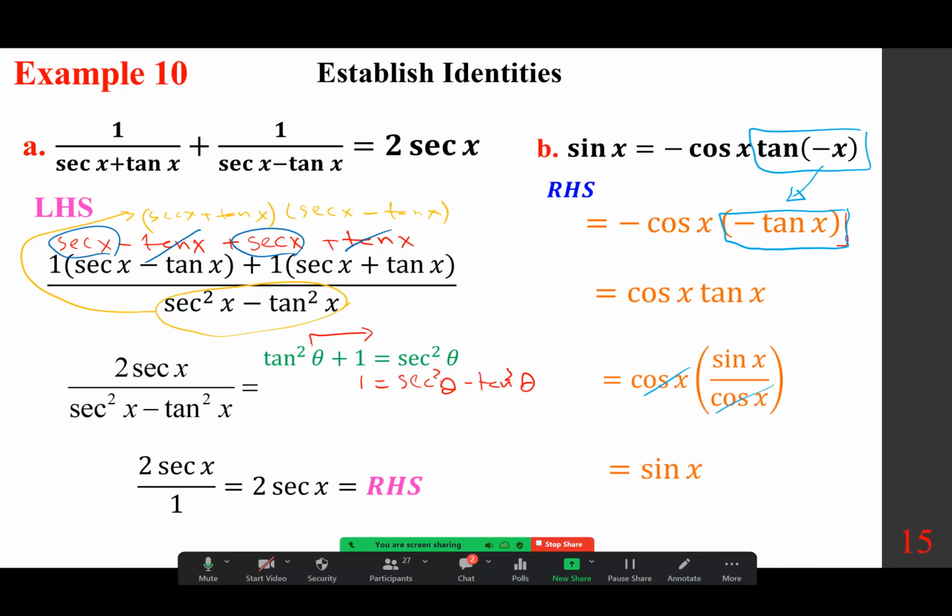And the final answer is sine x, which is the left-hand side. So very straightforward.